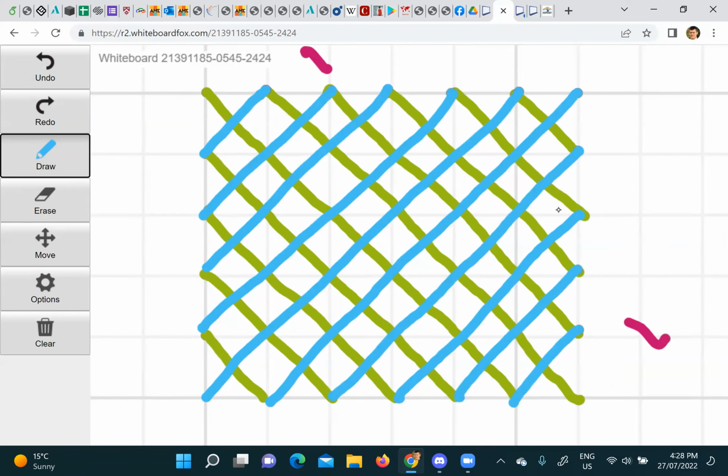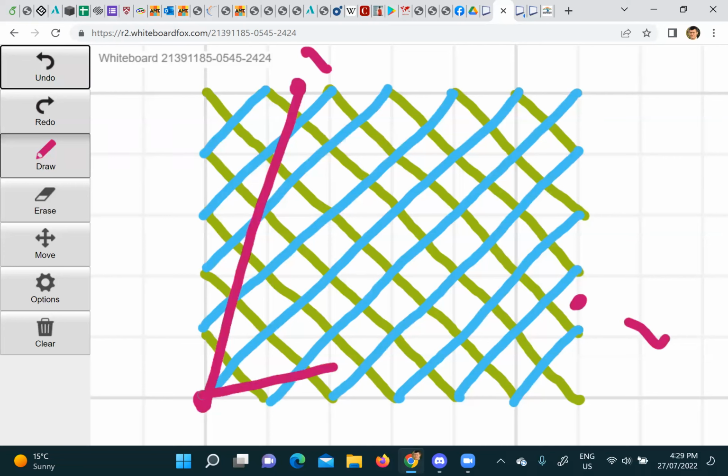Okay, so let me just give you an example. So I start here with my triangle, right? And let me use a ruler. Maybe I'll go here. And then I go here.